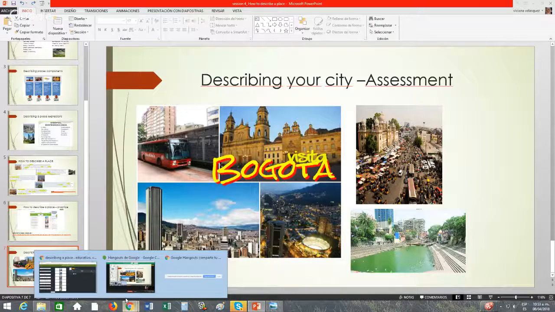Okay, Bogota. As you wish. Anyone that is good for you to describe. Okay, I describe Bogota.